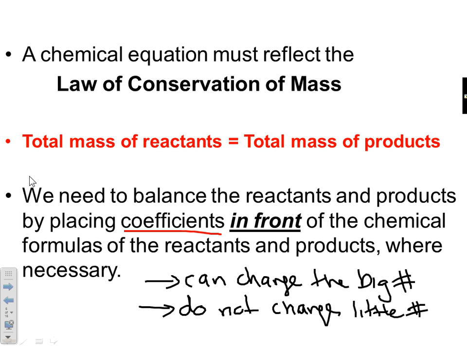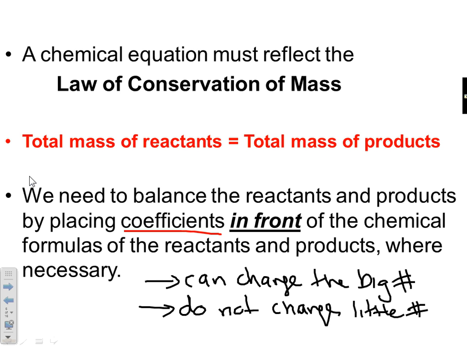And when you change the little numbers, you're actually changing the identity of the chemical. It would have a different name. It would have different properties. So when we're balancing a reaction, we can't just, at our own choice, change the identity of the chemicals, because that wasn't what the question was that we were given. So we can only change the big numbers. Okay?